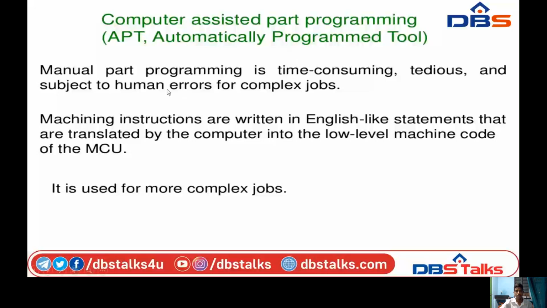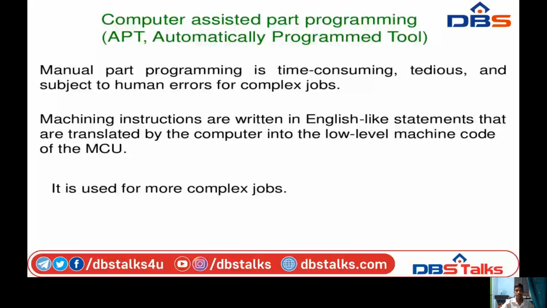By using manual part programming methods, human errors are always present through mistakes, but by using the automatically programmed tool and CNC part programming, errors are not present.